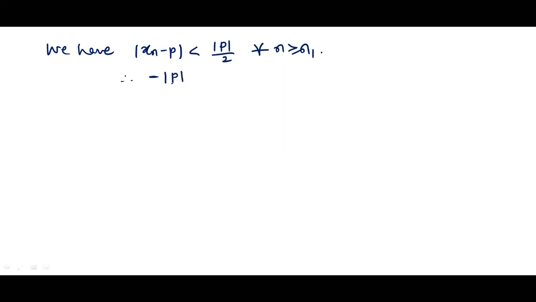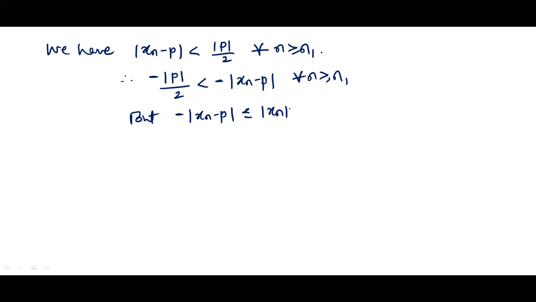We can write mod of minus p by 2 is less than mod of xn minus p, but this is also true for all n greater equal n1. But you can say that mod of minus of xn minus p is less equal mod of xn minus mod p.